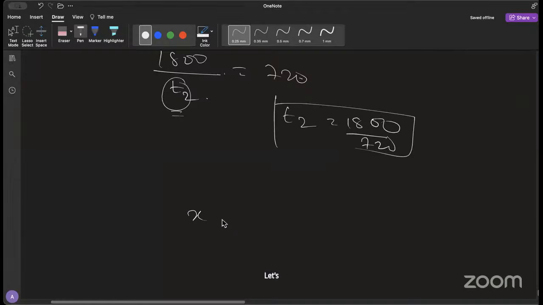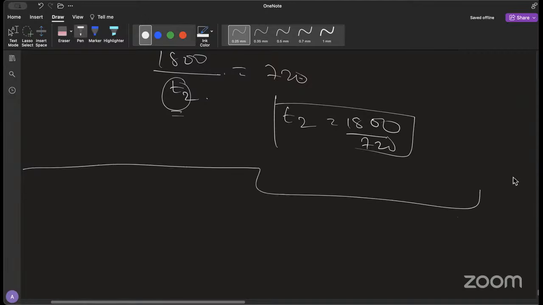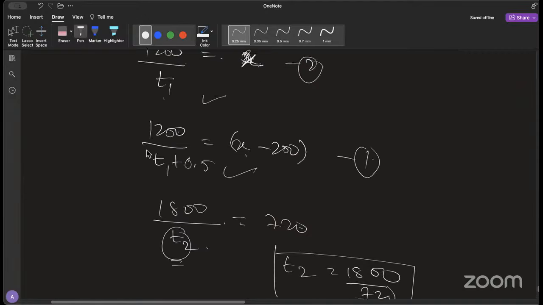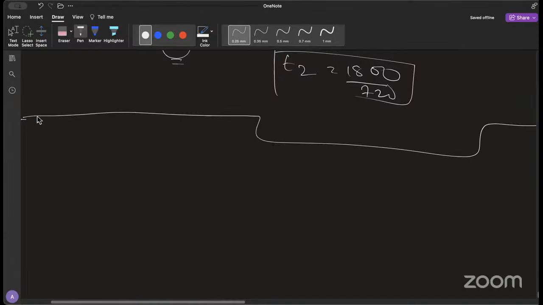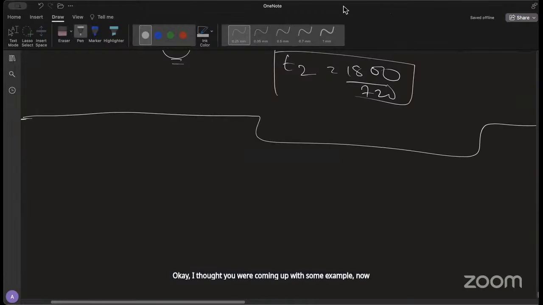Any simple example is fine. I thought you were coming up with some example. Now I'll have to look for one.